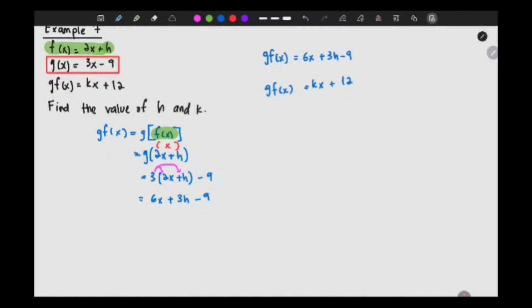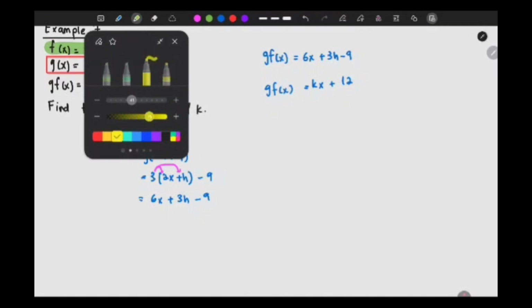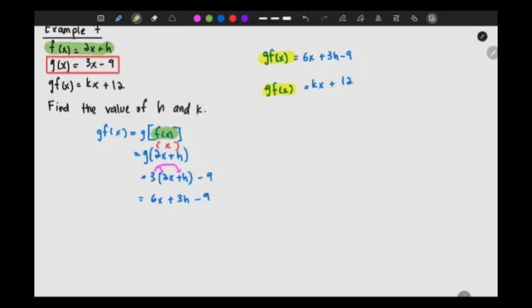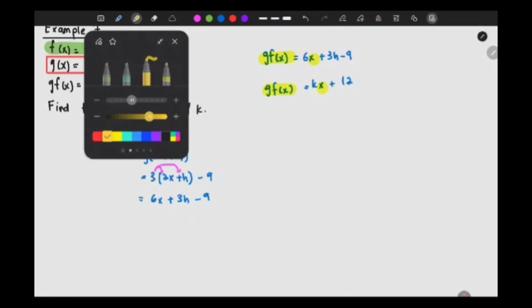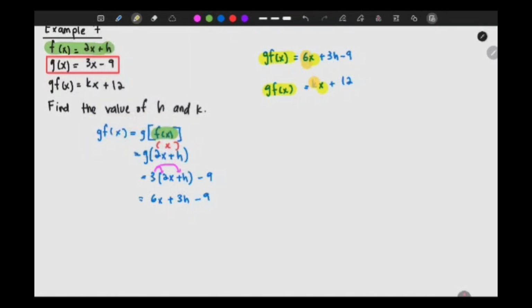So your 6 must be equal to k, and this entire thing should be equal to 12. You don't say 3h only equals 12 because there is no minus 9 in the other equation. So the entire thing is equal to 12. So this is equal to this, just comparing apple to apple.